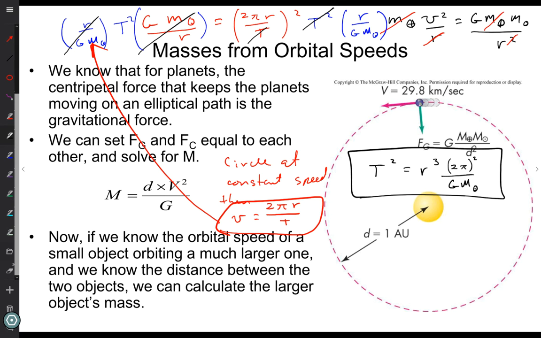And that equation should hold true for any planet orbiting the sun. And if you look at that, you notice period squared is equal to radius cubed times a constant factor.